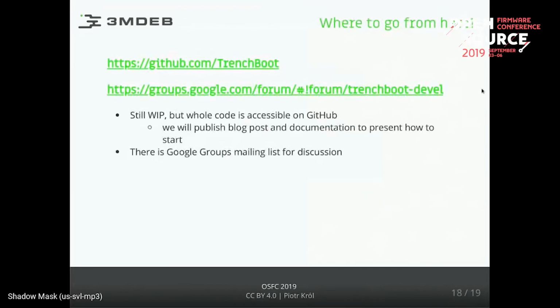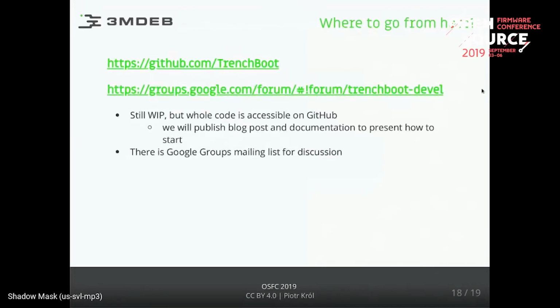So where to go from here? We're working on putting all patches into the TrenchBoot GitHub account. There is a Google Group, TrenchBoot Devel. I'm not sure, but probably clicking join will send Daniel Smith a notification, and then he can approve. You can try this code.